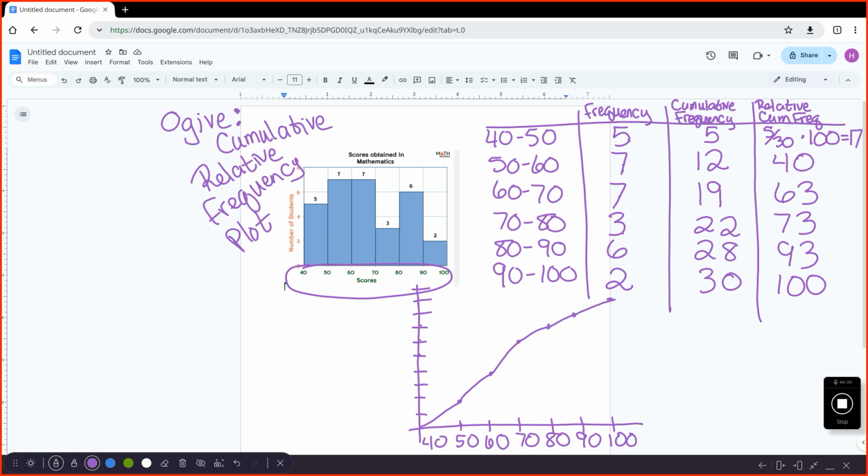And then I just connect the dots. Okay? So an ogive always starts at 0. It ends at 100. Those are both on the y-axis.